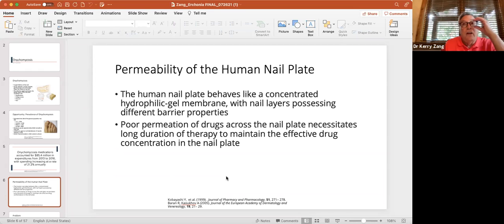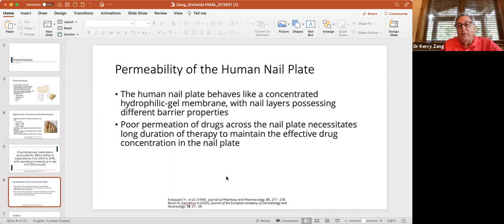In the United States, Jublia, I don't know if it's in Australia or not, got FDA approval with only a 17% clinical clear rate, not even a cure rate. In the United States, it's about 500 US dollars a month to treat this condition, you have to use it for a year, and it's not without side effects. When you use Jublia for an extended period of time, you have a lot of irritation along the nail folds, and it just doesn't work very well.